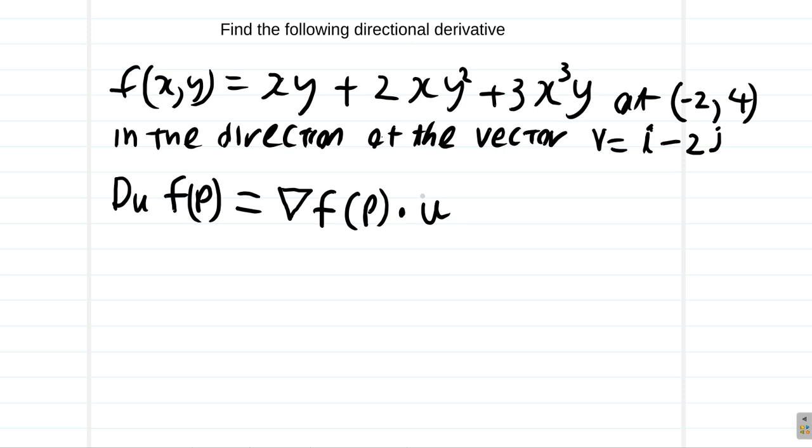If I was typing it, it would be bold, but let's put a little hat over u to show that it is not just a vector, it is the unit vector. So it is the dot product between the gradient of the function at the point P and the unit vector in the direction of P. All right?